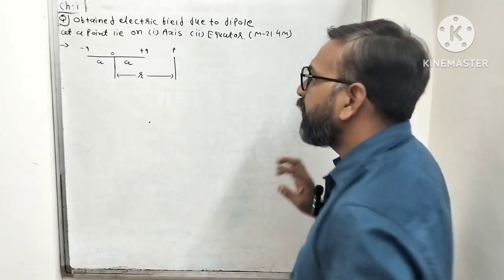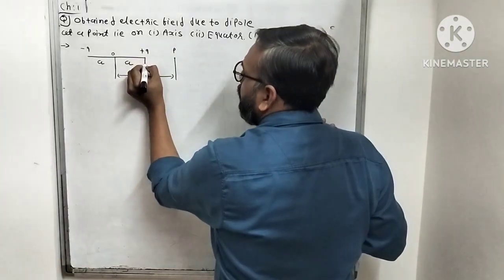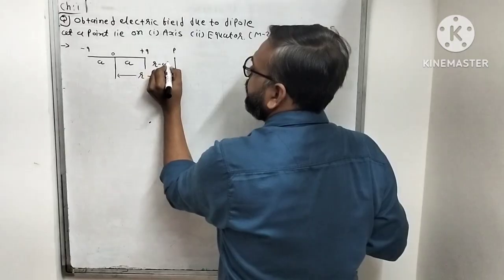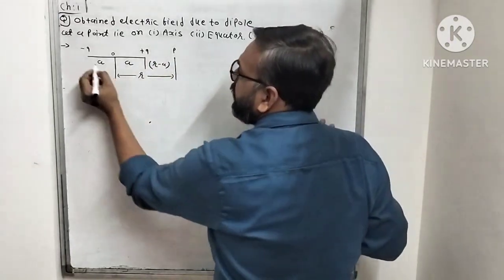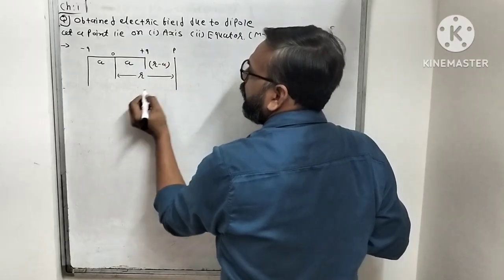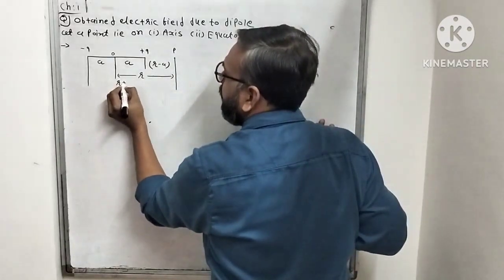So the distance of point P from the positive charge is R minus A, and the distance from the negative charge is R plus A.